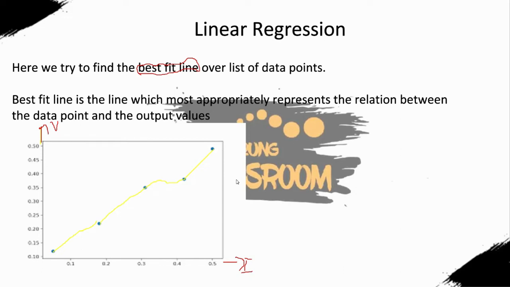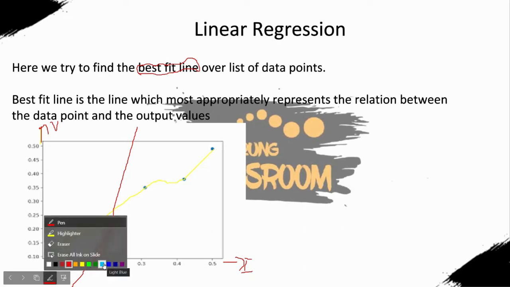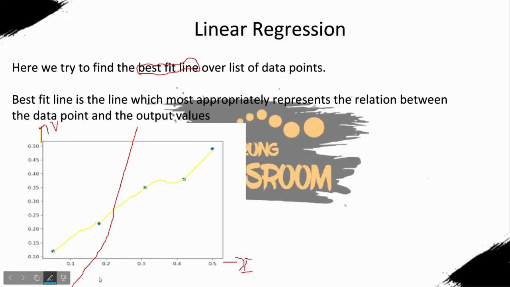So that's what our objective is all about. If somehow you draw this line, this is not your best fit line, because this line does not represent all your data points most perfectly. So in this case, your best fit line would perhaps be this line, and you could easily find the slope of this line, right?